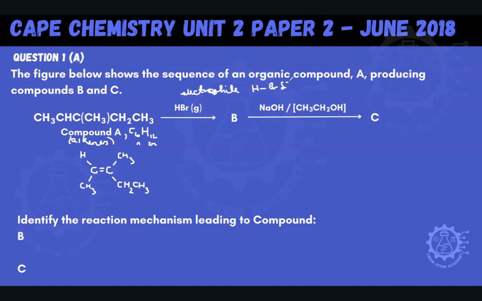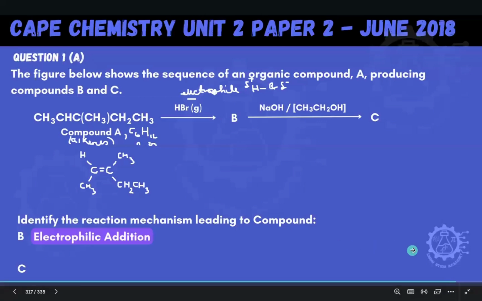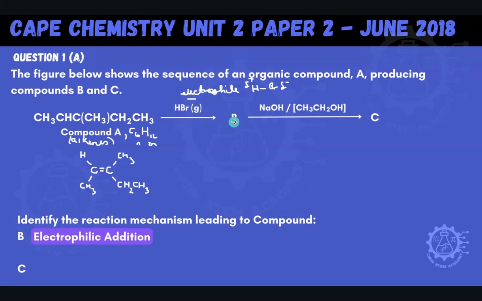It's a polar bond that's partially negative and partially positive. So this portion can act as an electrophile and then can be added across the carbon-carbon double bond. So that would be what? Electrophilic addition to get from A to B. Okay, so we're going to just put that there. All right, we're going to do electrophilic addition to get from A to B.